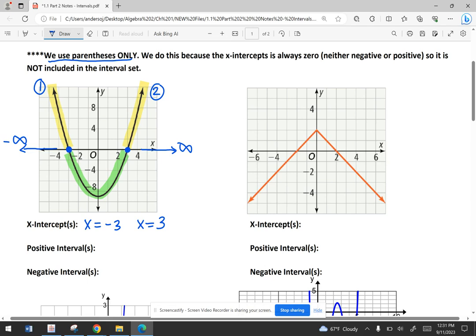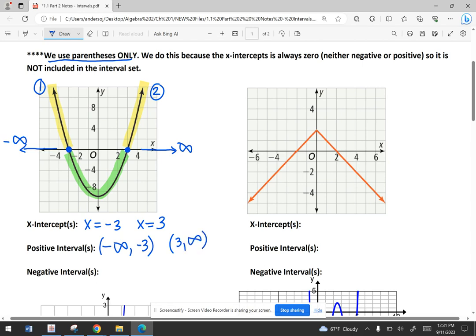That means I'm going to have two separate intervals for the positive sections. I have one that's coming in from negative infinity, and it's going to that x-intercept at negative 3. Then the next one is starting over at positive 3 and going to infinity.